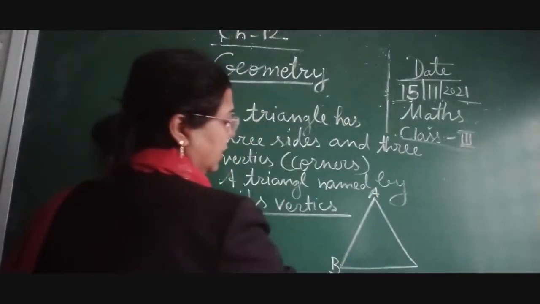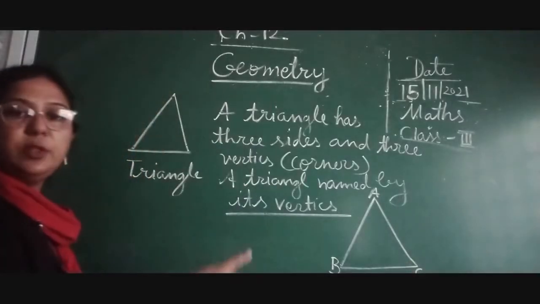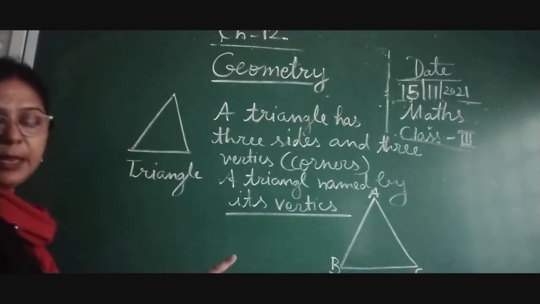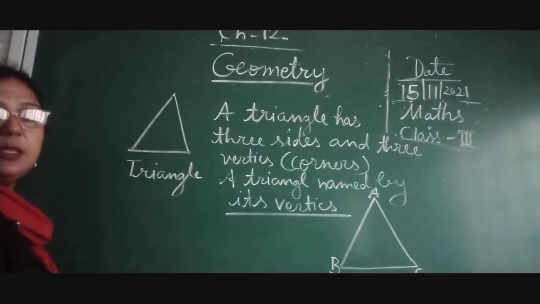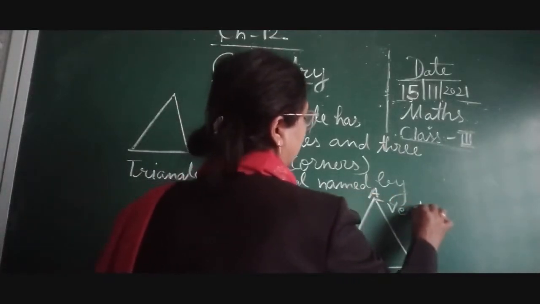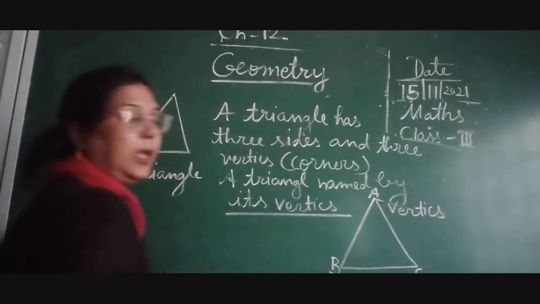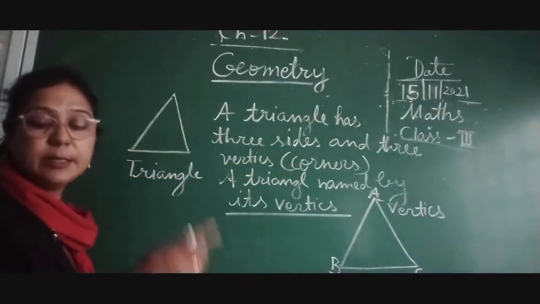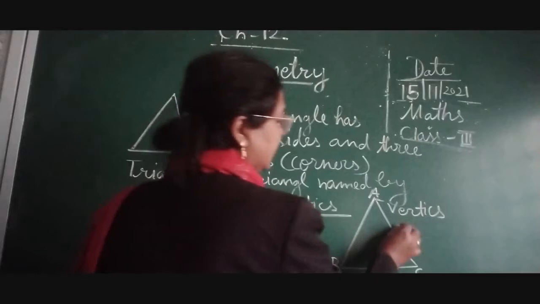So there are three vertices, A, B and C. The corners are called vertices and this is called a side.